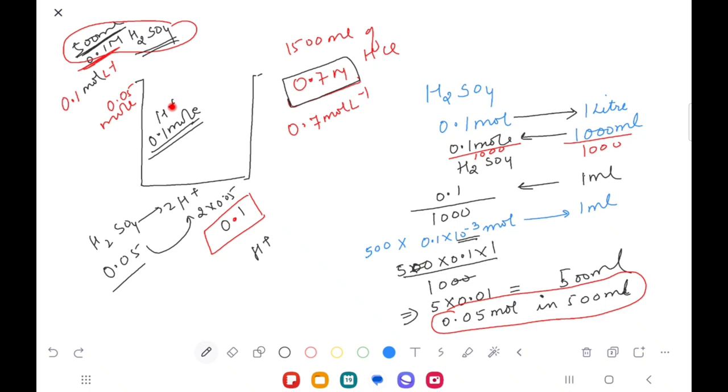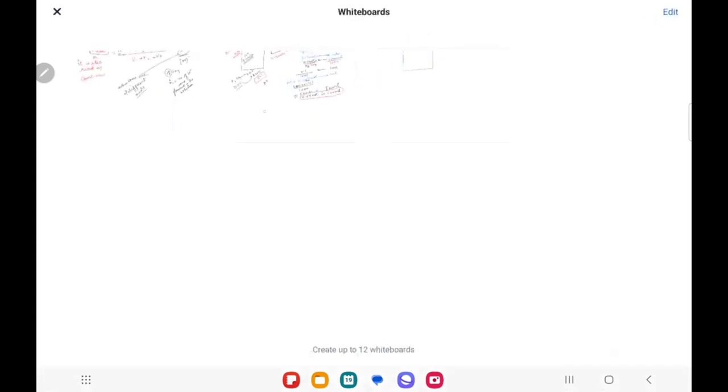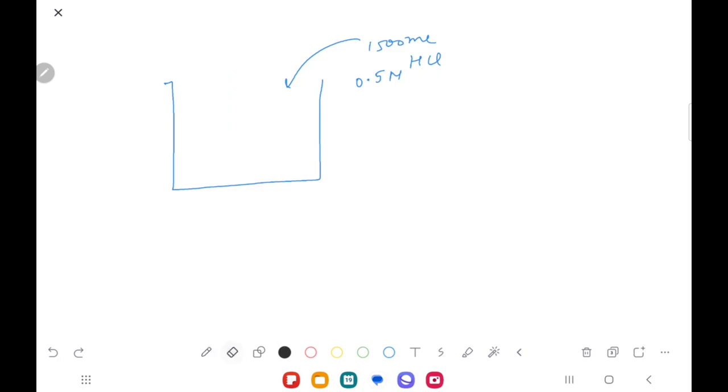Do you understand? Now, similarly, if I talk about the same beaker, but from here I am having 1500 ml of HCl, which is 0.7 molar, sorry, 0.7 molar. So, what will I say?